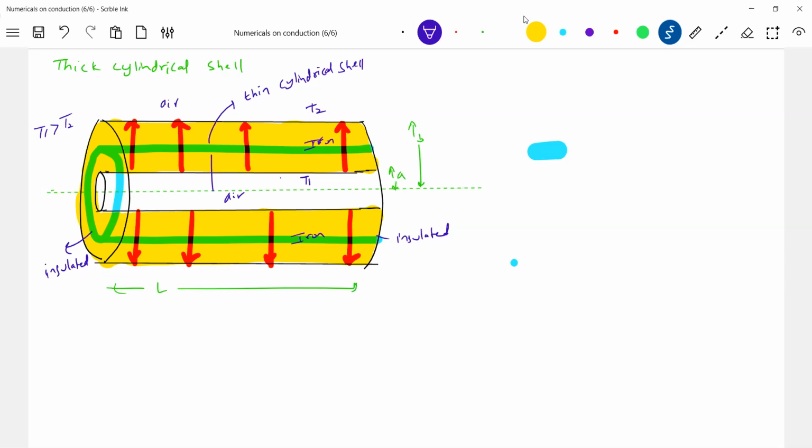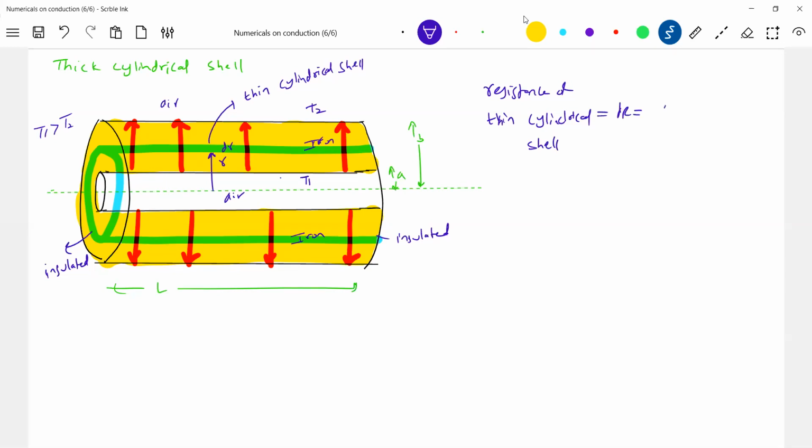The radius of this, let it be r. Thickness of this, let it be dr. Now, what is the resistance of this? Resistance of thin cylindrical shell. Anybody? What shall I write?